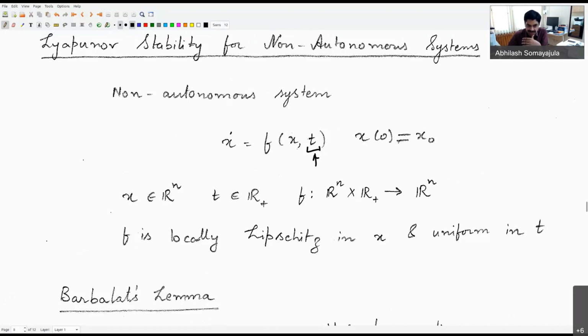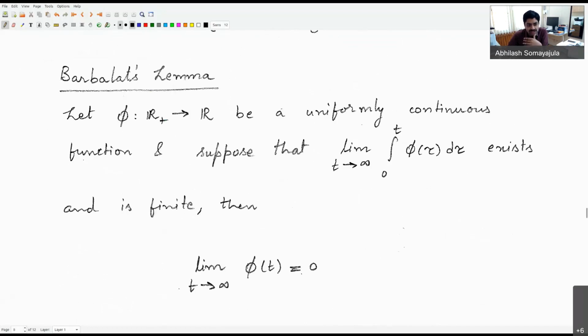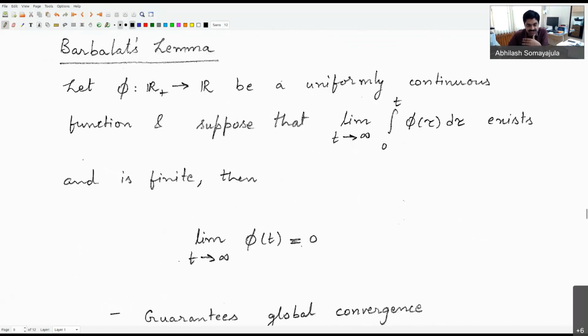Before we do that, there are a couple of things which we need to get into place. So let's look at that. The first theorem which we will be looking at is called Barbalat's lemma.